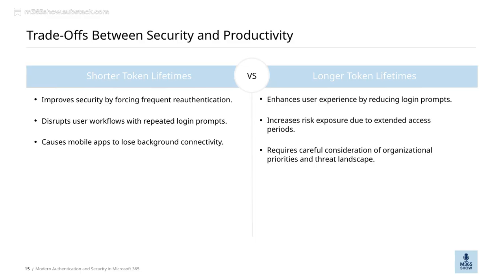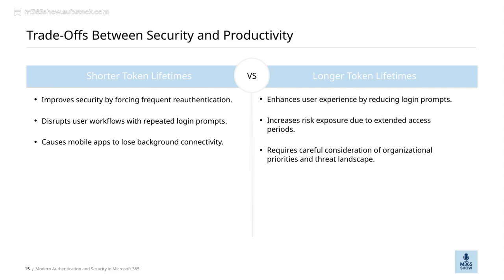For example, improving security by requiring more frequent reauthentication can help protect your data, but it might disrupt user workflows with repeated login prompts. Additionally, longer token lifetimes can support a more seamless experience, but could also extend the window of opportunity for malicious activity.